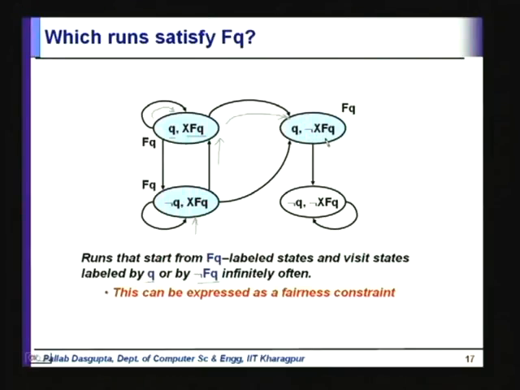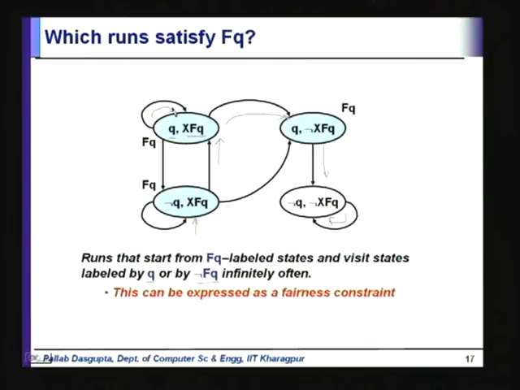You have made a promise of not of XFQ, but you have Q here, so somewhere in the future you must have not Q. That is met when you end up here. Then you keep on promising not Q and you keep on getting not Q, so this is a loop in which you are visiting not FQ infinitely often. The other way you could have ended up was staying in this loop forever, where you are visiting the Q-level state infinitely often.